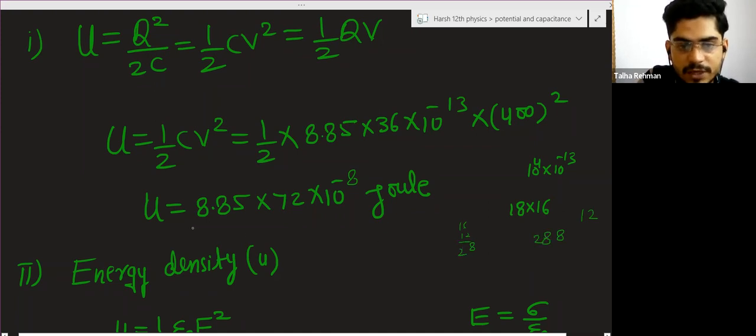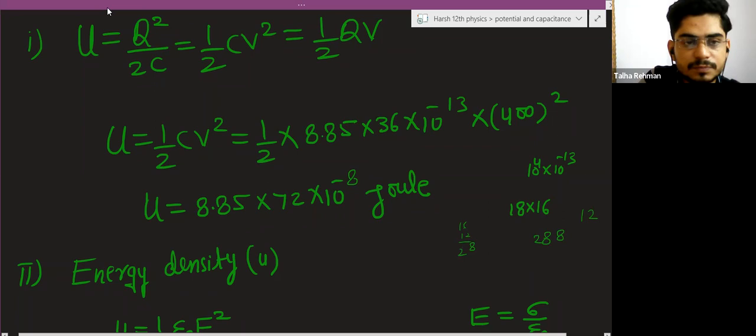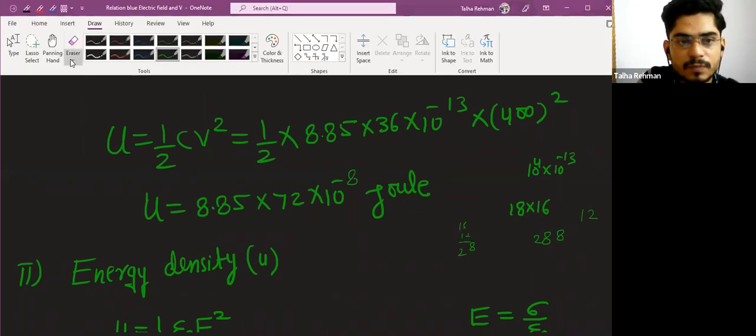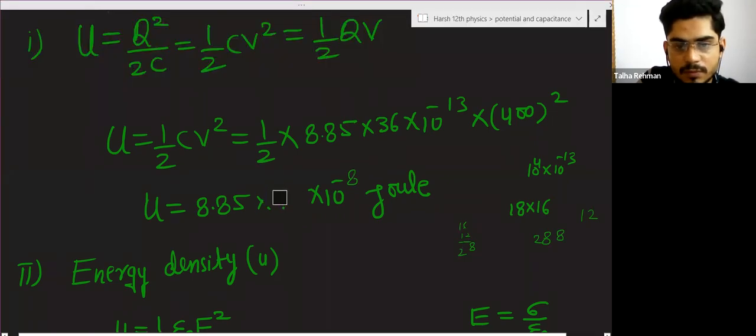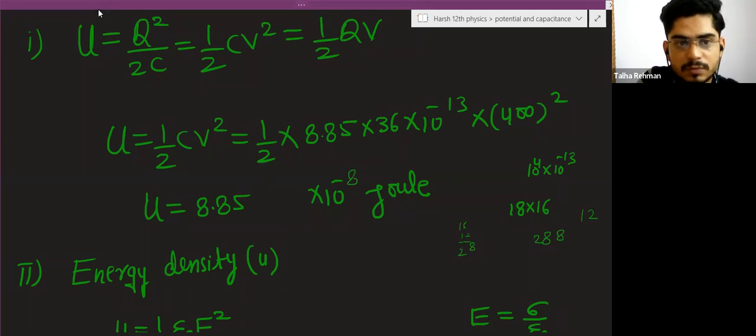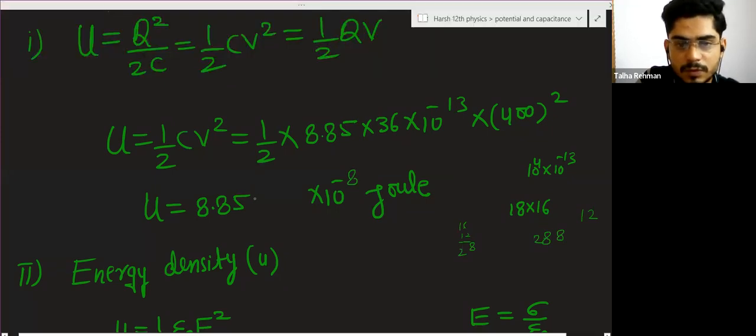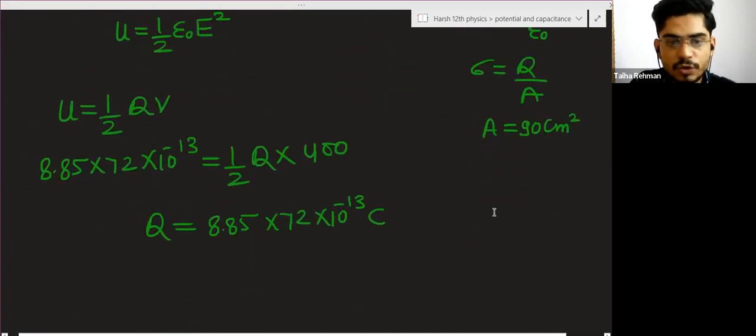So when you calculate this, this will become 8.85 into 288 into 10 to the power minus 8. You can check the calculations. So here we will get the value of charge.